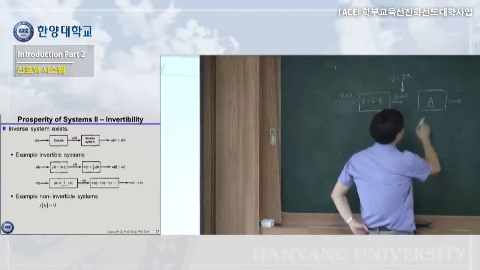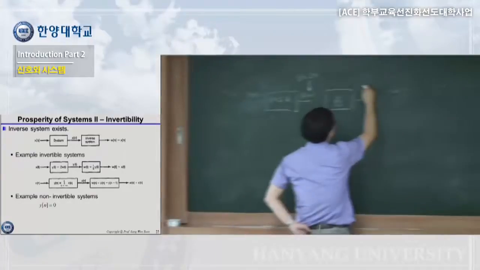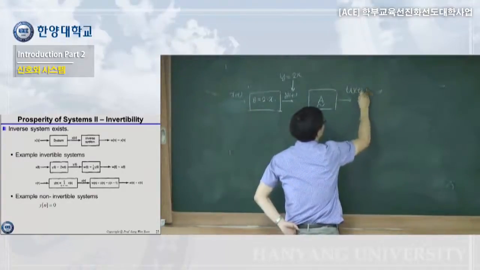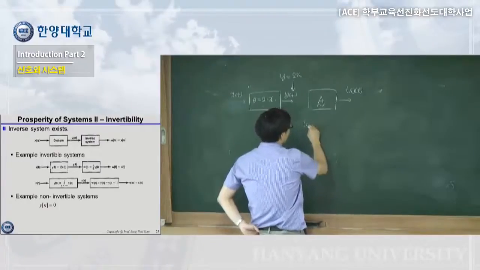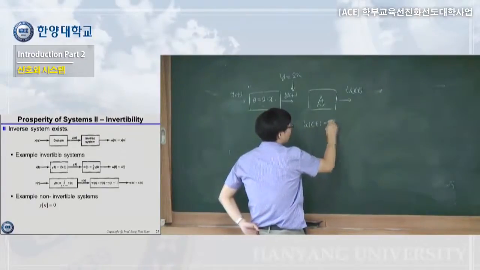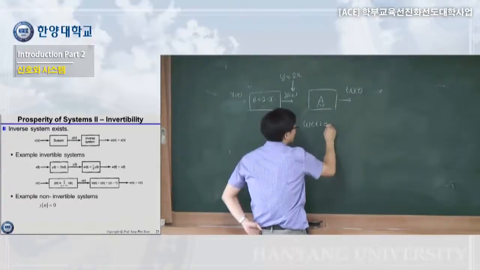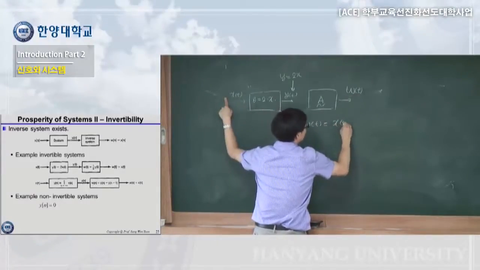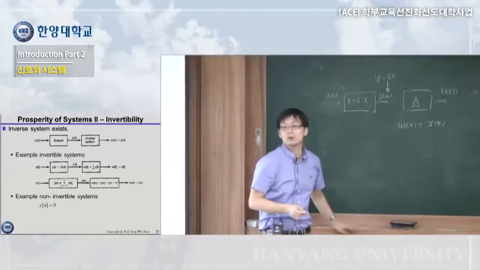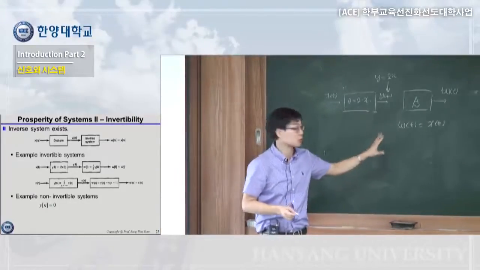Assume that the output of the second system is omega, and we want this omega, the output of the second system, to be exactly the same as the input to the first system to be invertible. To be invertible, we have to make this function.